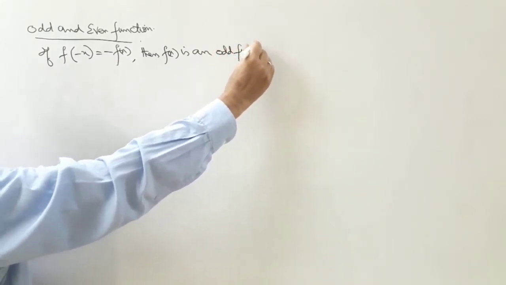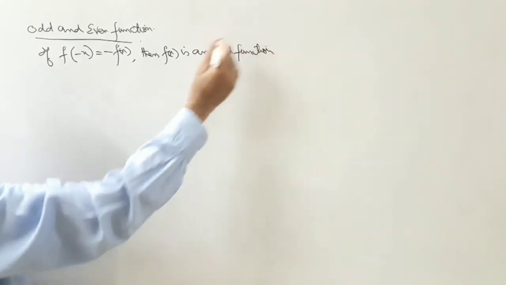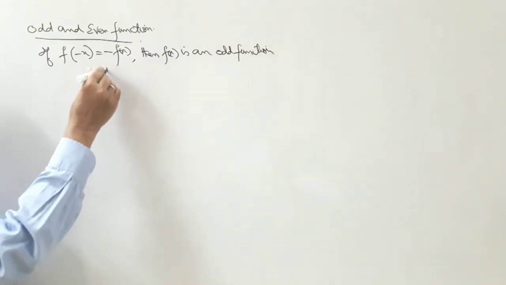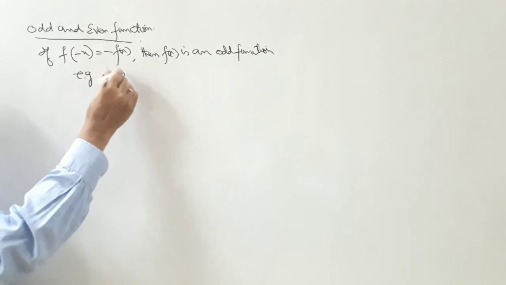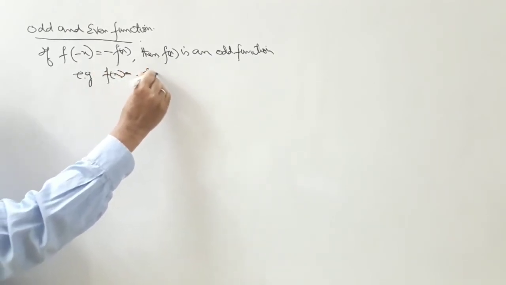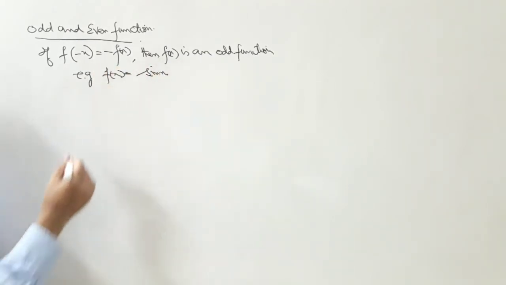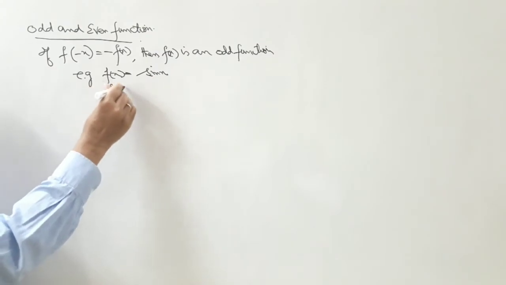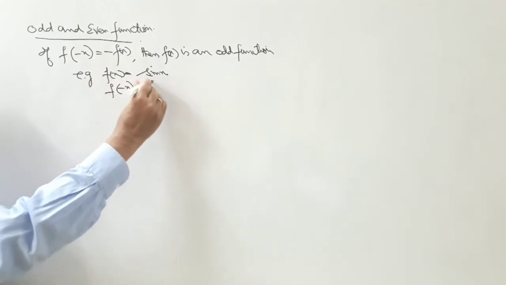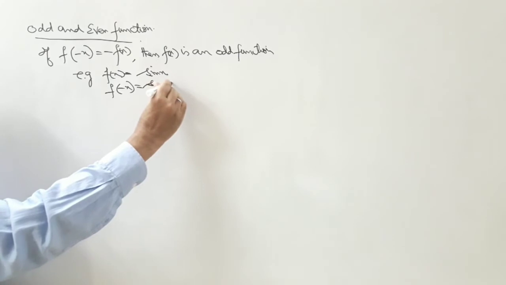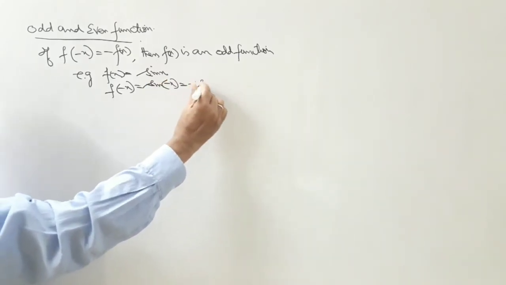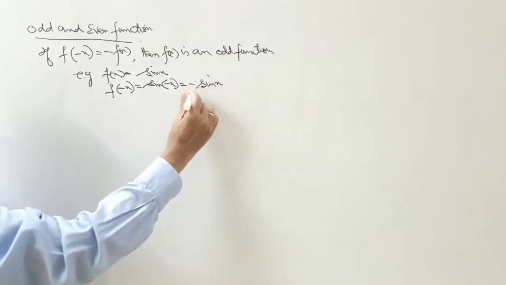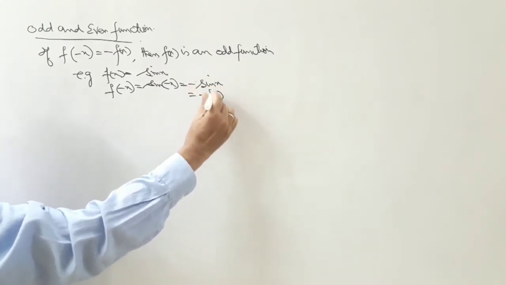Odd function. The simplest possible example for this: for example, fx is equal to sin x. So when we change x to minus x, it becomes the sine of minus x is equal to minus sin x is equal to minus fx.